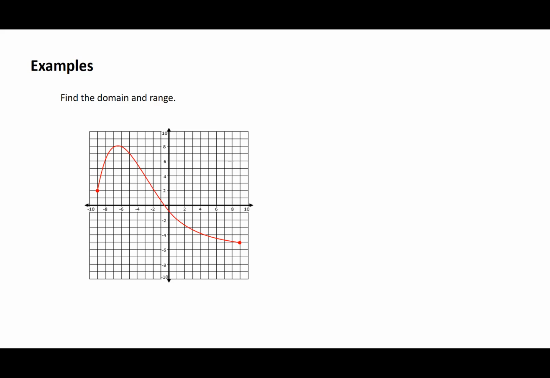Here's another example. This one's of a graph. Find the domain and range. This is our x-axis, so our domain is going to be which x values do we use. If I go to the furthest left point on my graph, I find it to be at -9. And then the furthest right, or the largest x value, happens to be +9.